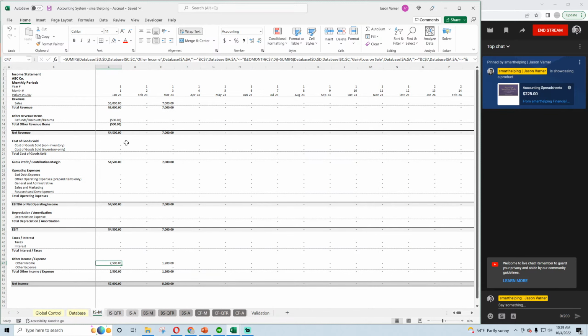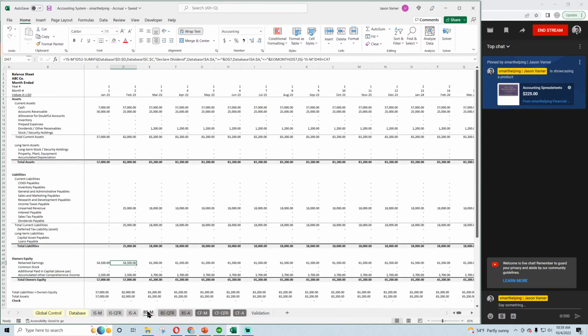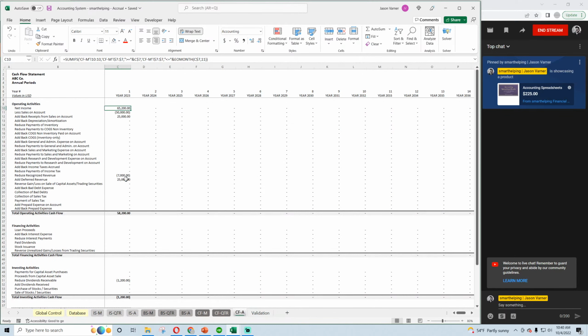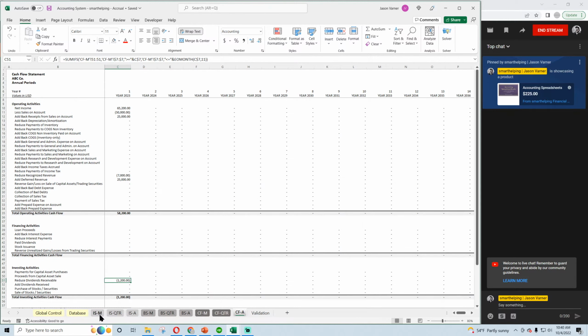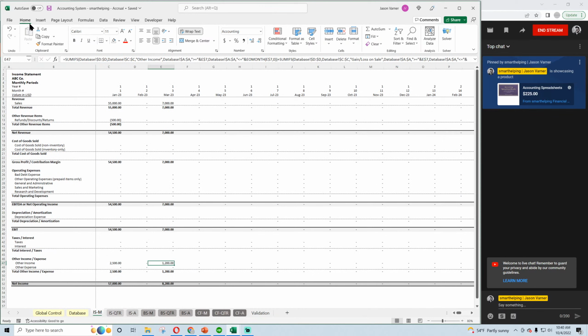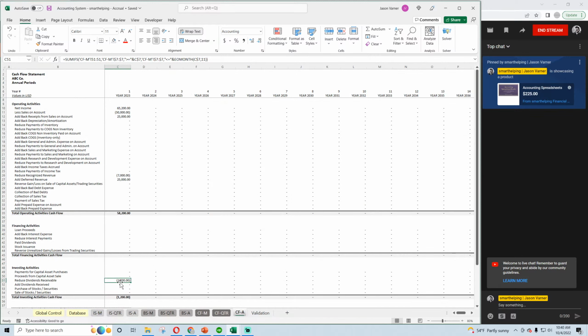It's not going to do anything on the income statement yet. It will increase an asset here, dividends or other receivables. And cash flow, it's getting reduced out. Wait a second. Oh, and it is hitting other income on the income statement as well. So it's not part of normal operations, but it is increasing the income you have. So we'll reduce it out.